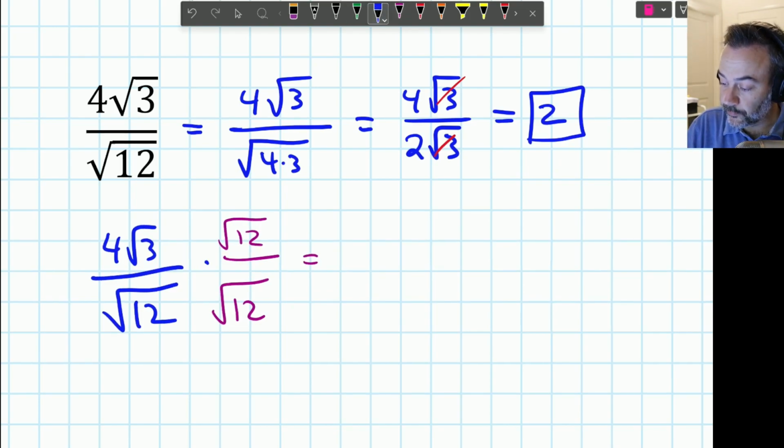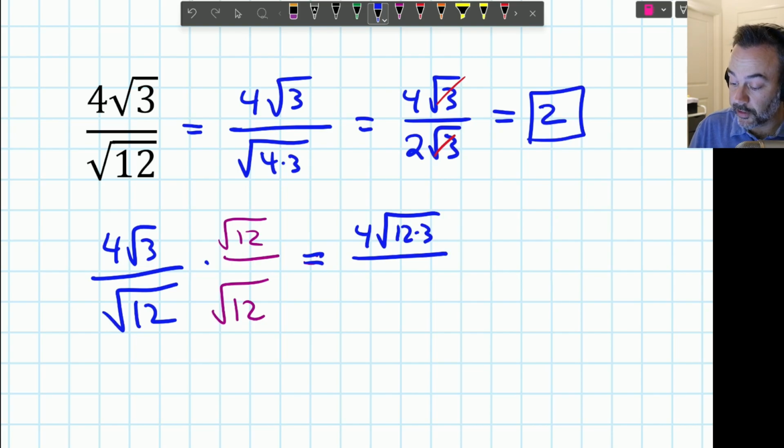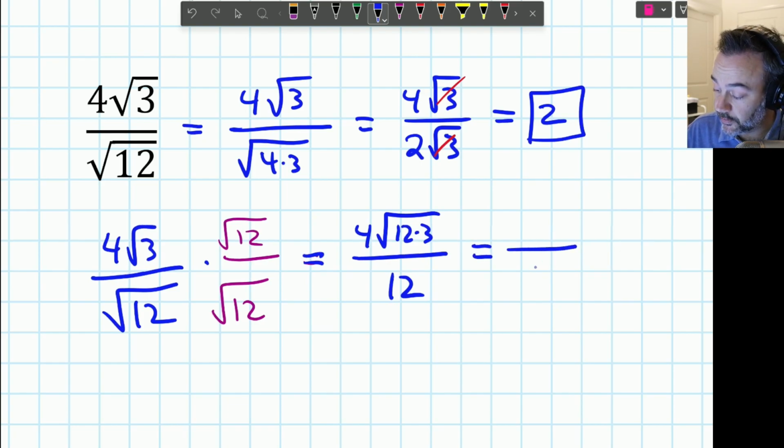We get 4 times square root of, I'll just put 12 times 3 under here. Down on the bottom, I would have the square root of 12 times the square root of 12, which is 12. 4 divided by 12 reduces, so I would end up with a 3 in the denominator.